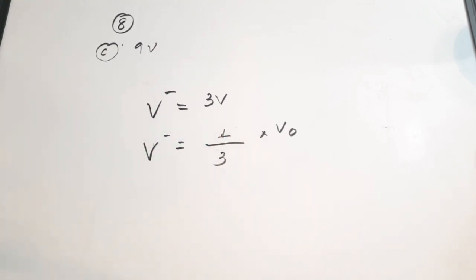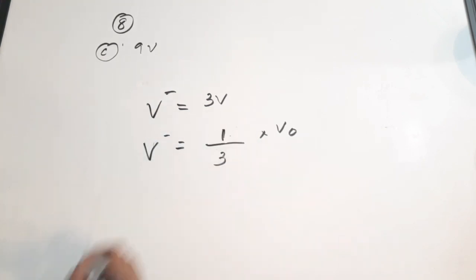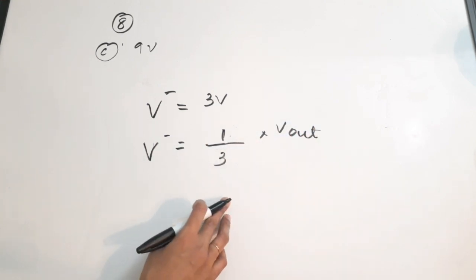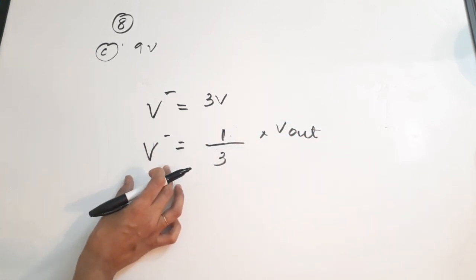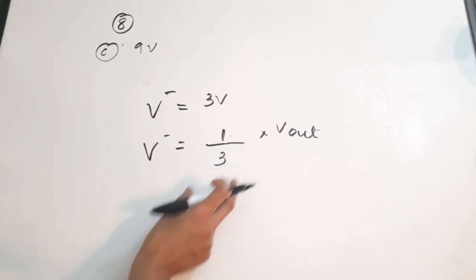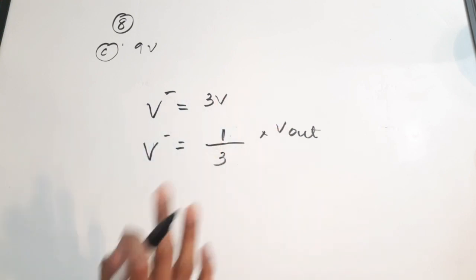So V minus is equal to 1 by 3 into V out. We need to find V out. Because the inverting terminal is connected from the output via 2 resistors, that's why we are applying the voltage division. I hope it is clear.